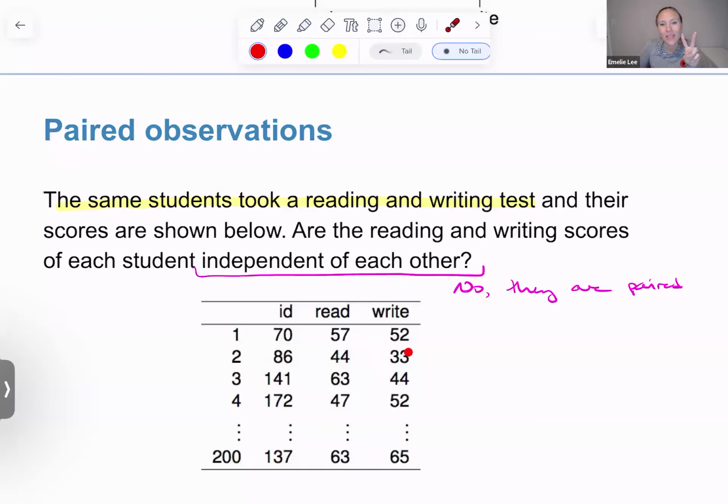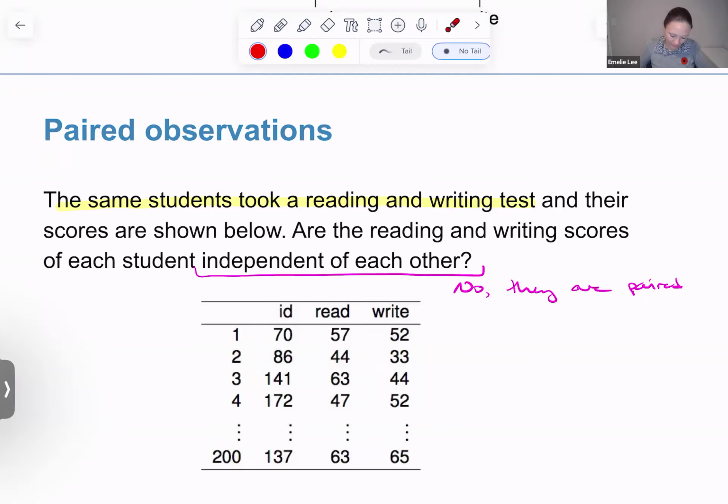And so that's what pairing these observations does for us: it eliminates that variability between the different students, and we're able to capture the difference within each student. That's the beautiful part about paired data.